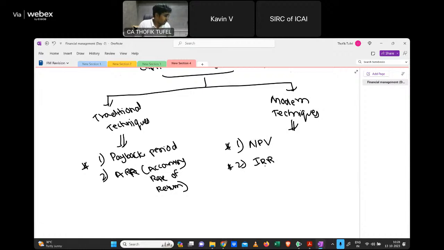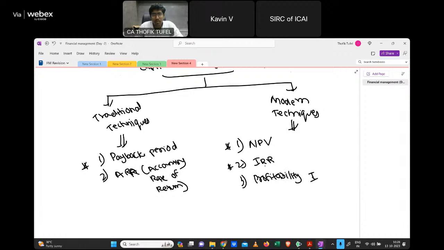NPV, and then we have IRR, and then we have profitability index.